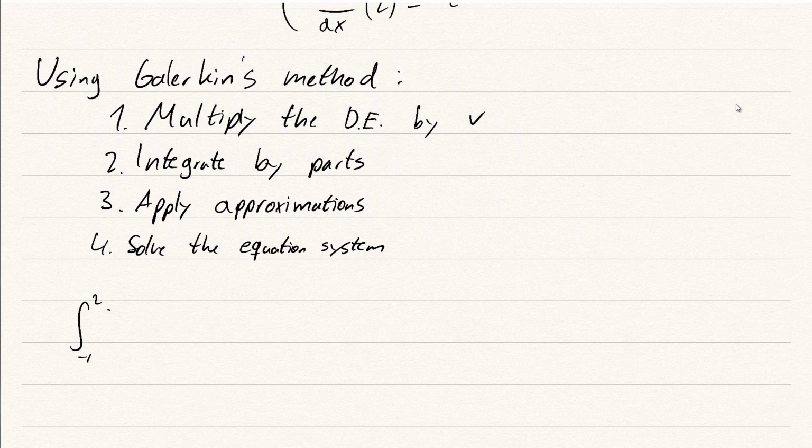We will have minus d/dx of, well, u, yeah, we can do it this way, the du/dx, plus u, and all of this will be multiplied by v dx.